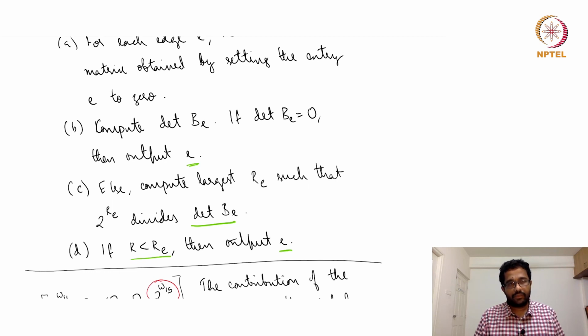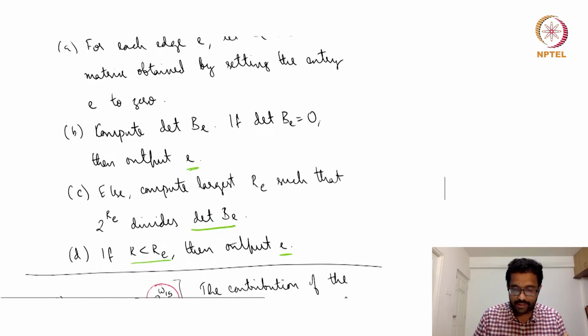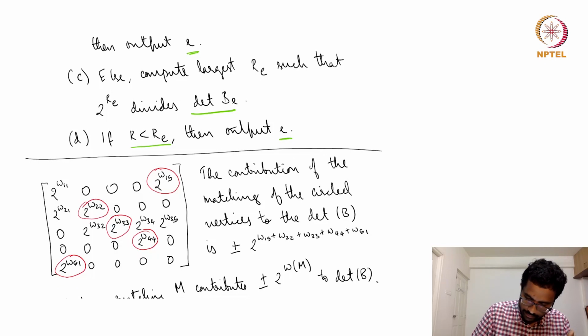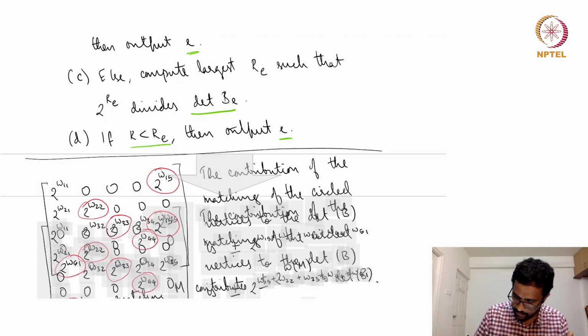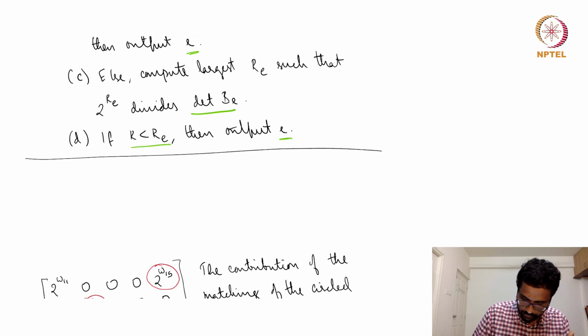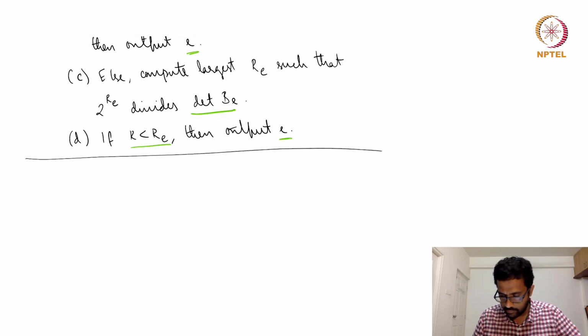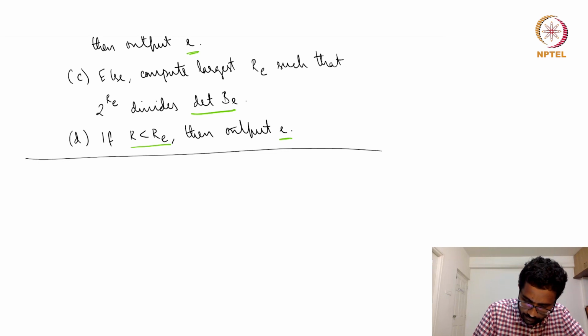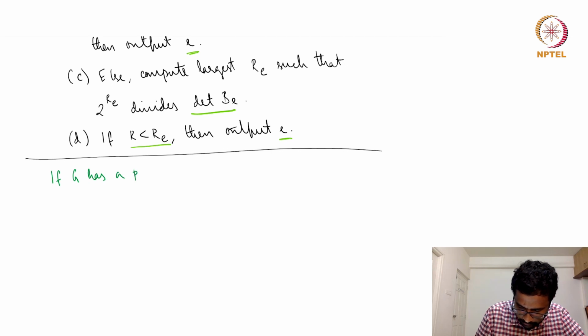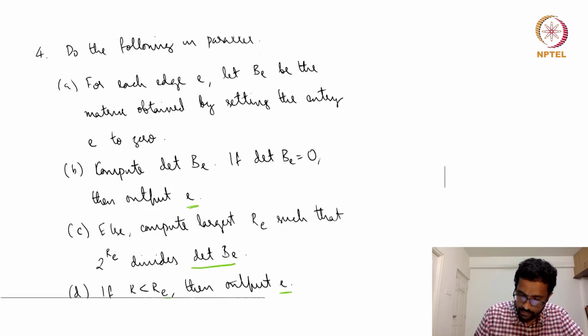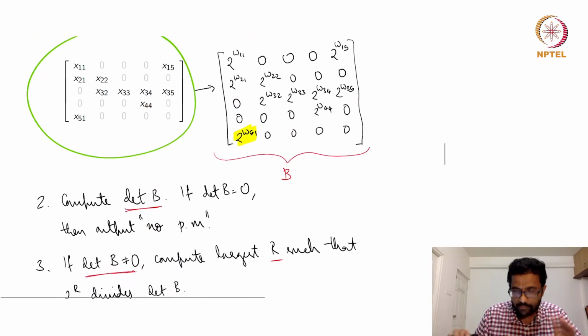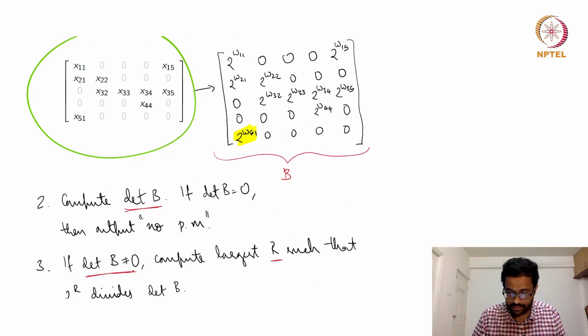Okay, so which perfect matching? There could be multiple perfect matchings, right? So here is where the isolation lemma helps. Maybe I'll write a bit here to explain. What is happening here is that if G has a perfect matching, then only then the rest of it makes sense.